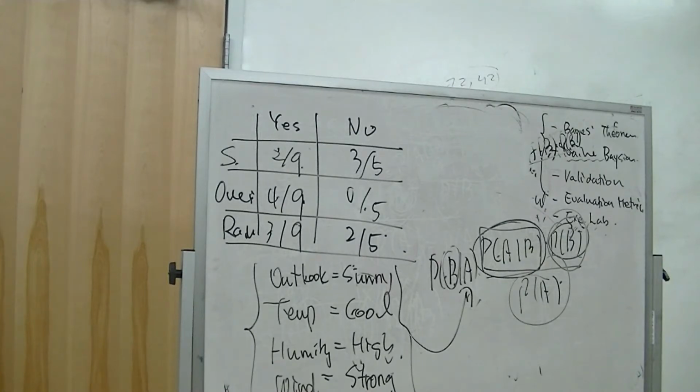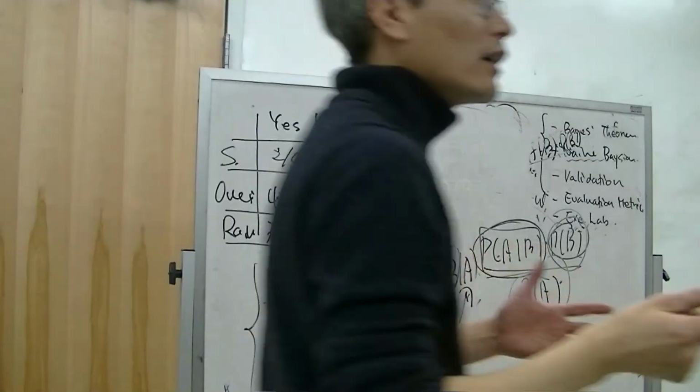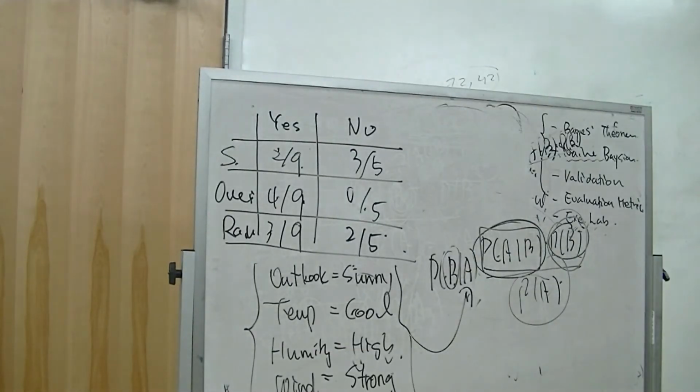Temperature is cool, which is 3 out of 9. And the humidity level is high, you can select this one. And the wind is strong. So multiply all of these, then multiply by P of B, which is 9 out of 14. Then you will get the value.